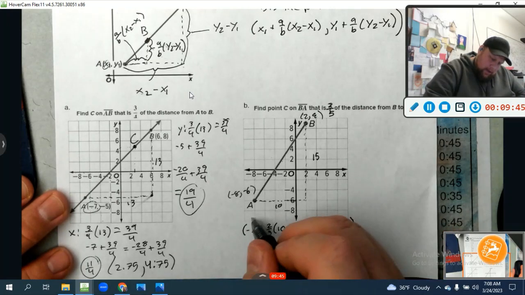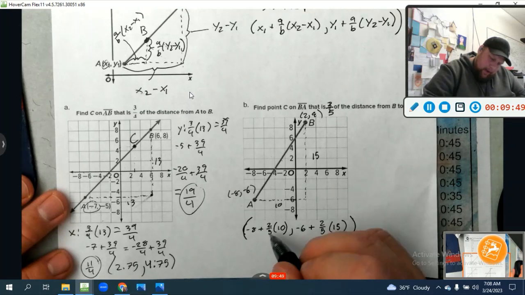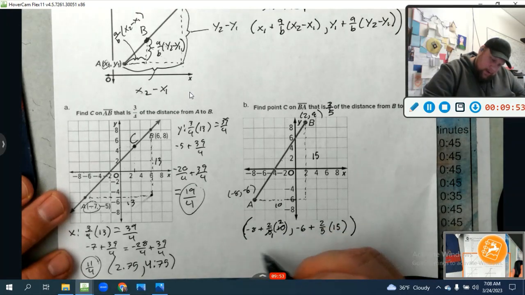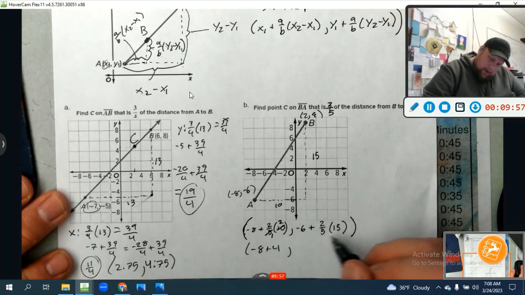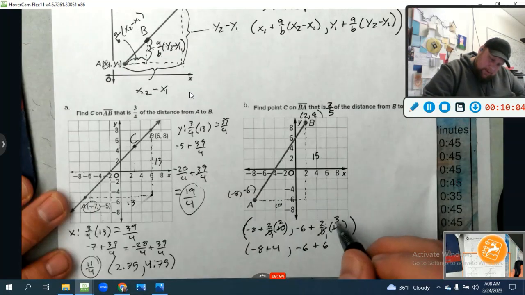And let's see if we can work that out a little simpler, okay? 5 goes in 5 once, goes into 10 twice. So what am I going to end up with? -8 plus 4. Down here, 5 goes into 5 once, goes into 15 3 times. I'm going to end up with negative 6 plus 2 times 3 is 6.